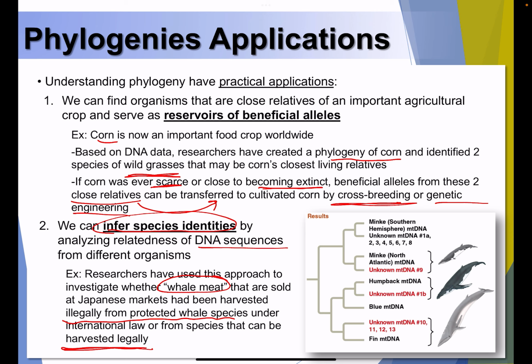So by international law, only minke whales caught in the southern hemisphere can be sold legally in Japan. Okay, this is by international law. And to infer the unknown species identity, these two researchers constructed what's called a gene tree right here, where they take genes from each of the whales and show patterns of relatedness among the DNA sequences rather than taxa.